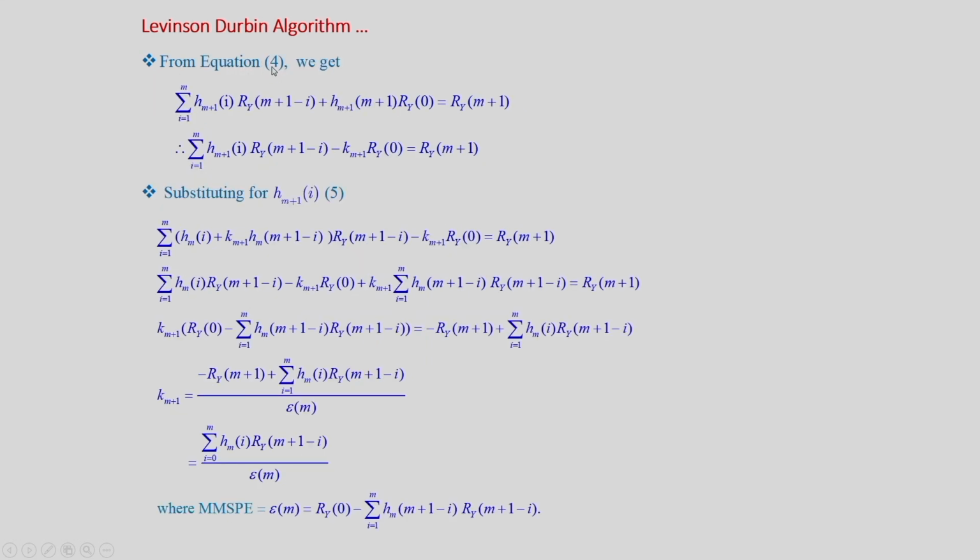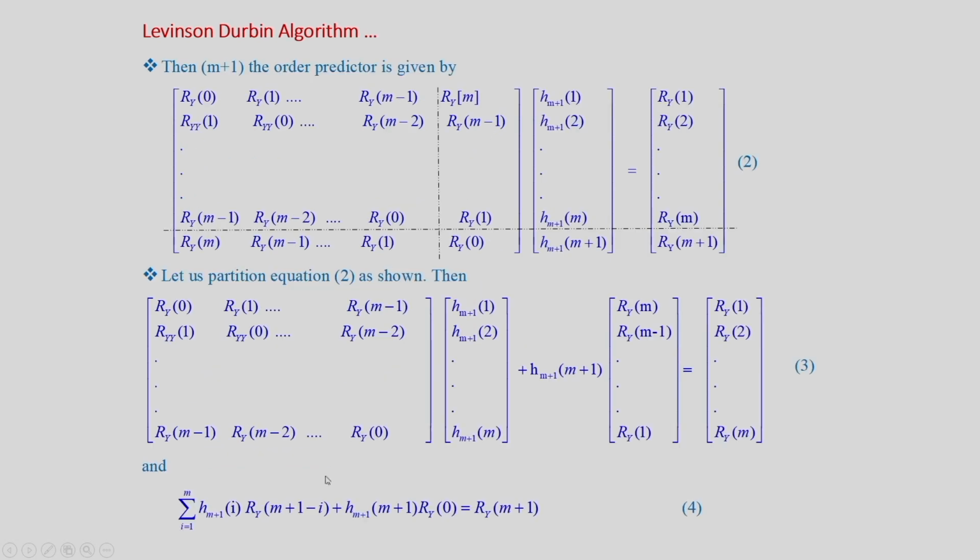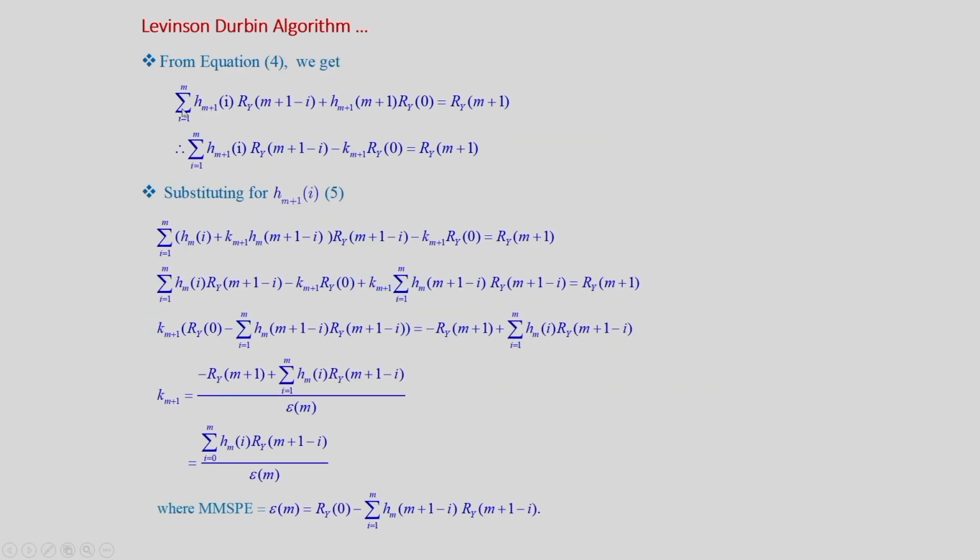Now, from equation 4 we get summation h_{m+1}(i) into r_y(m+1-i) going from 1 to m, plus h_{m+1}(m+1) into r_y(0) is equal to r_y(m+1). This we obtain from this equation 4. So, substituting h_{m+1}(m+1) equal to minus k_{m+1}, we get this relationship.